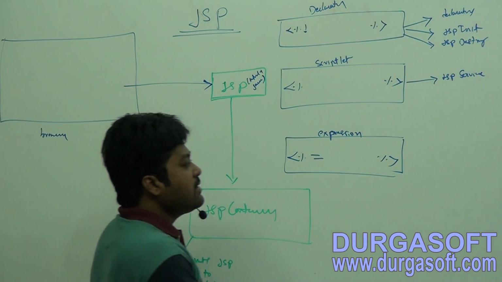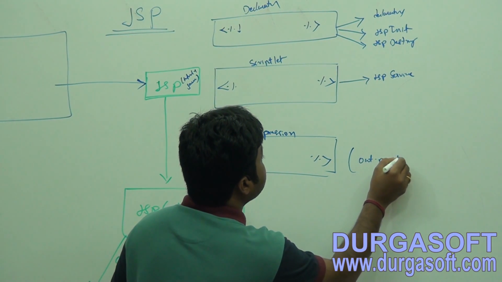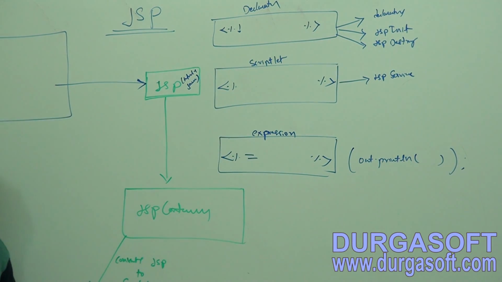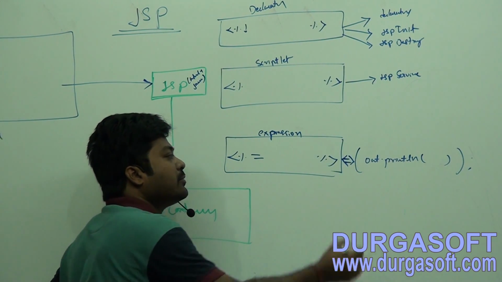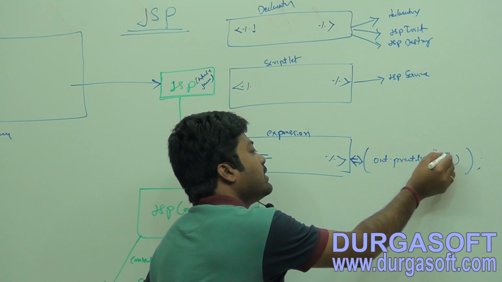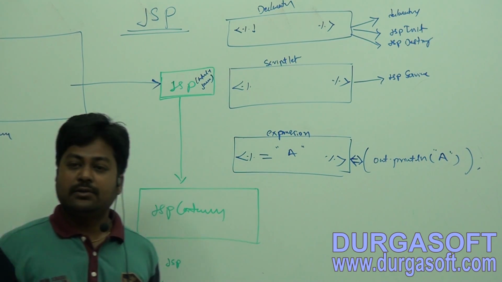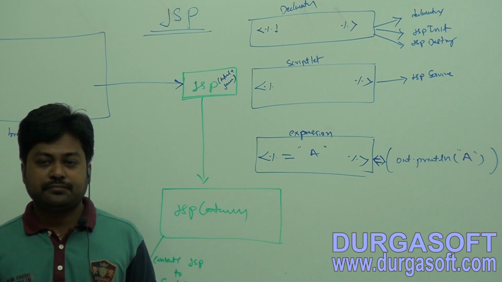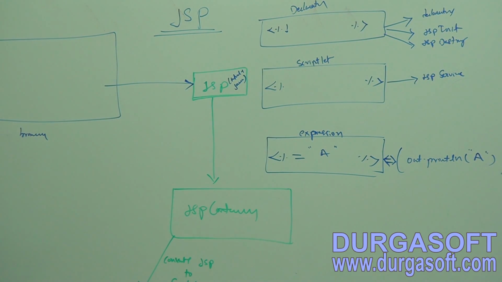This tag is equal to your Java code out.println. If I want to print something, output A here, then you can keep that character sequence A here. Internally it will place this code into out.println. Just for printing dynamic outputs you can use this expression.